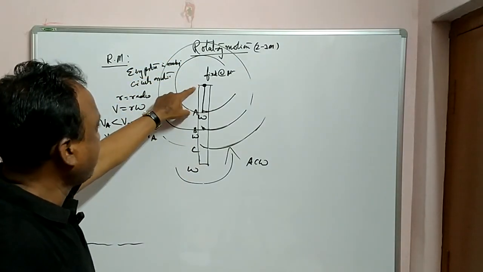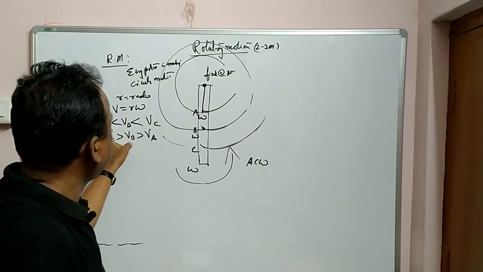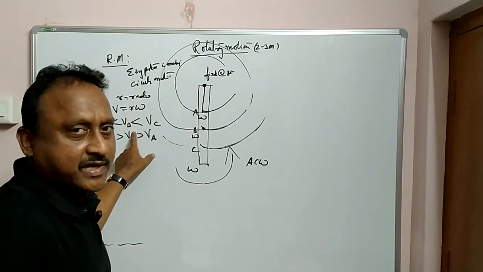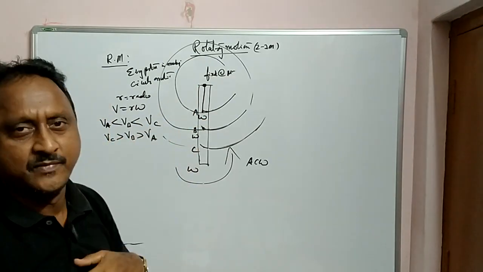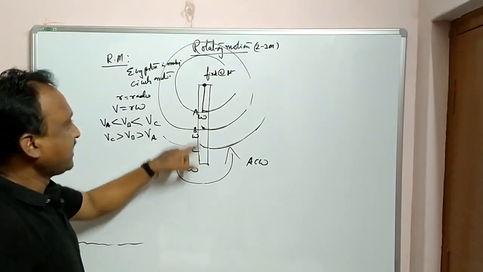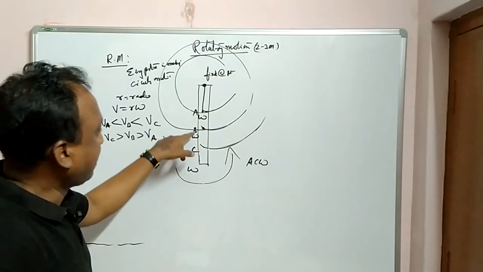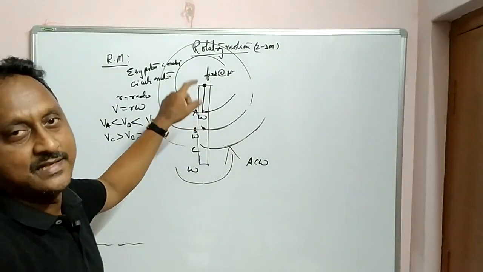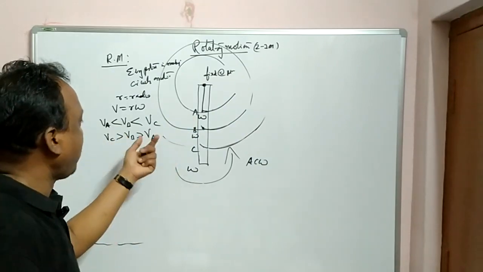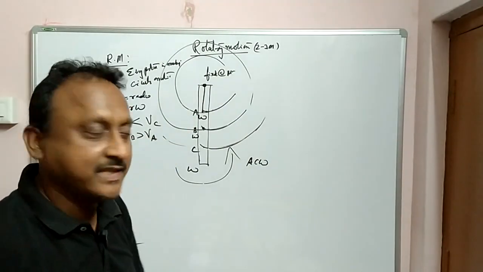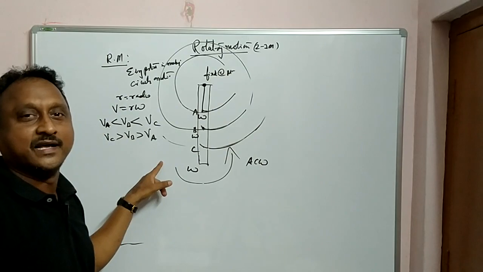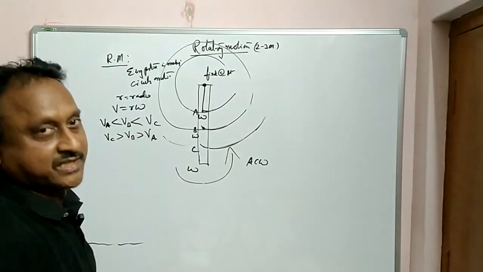That means linear velocity at point C is highest, then B, then least at A. But one point you have to keep in mind: angular velocity omega remains constant throughout the motion.